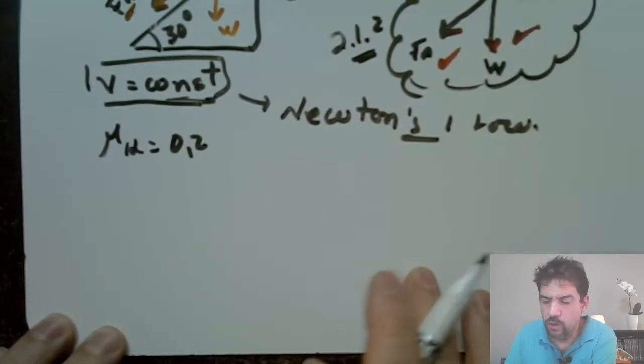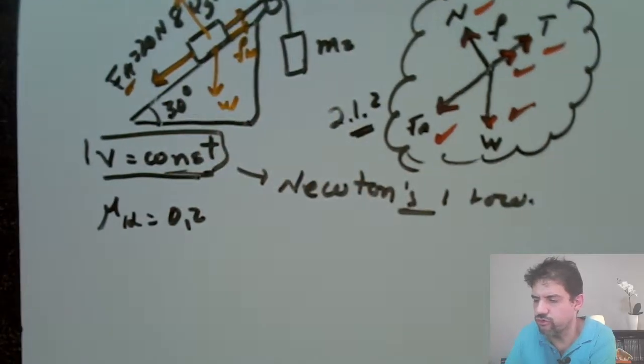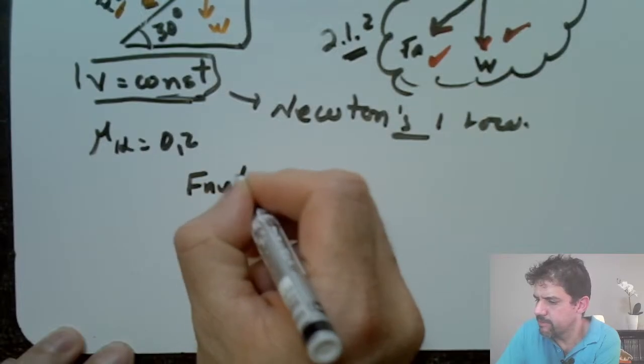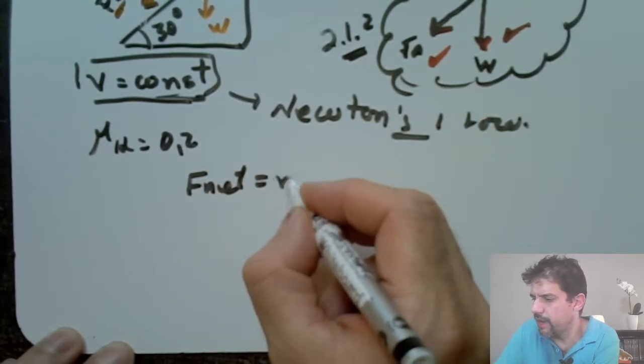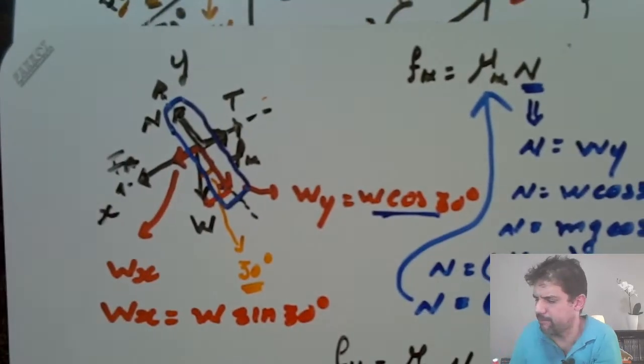All right, so we're going to apply Newton's first law to the x-axis. I'm going to show you now again. So here we go, F net is equal to ma. I am going to work in the x-axis, so I'm going back to my free body diagram here.